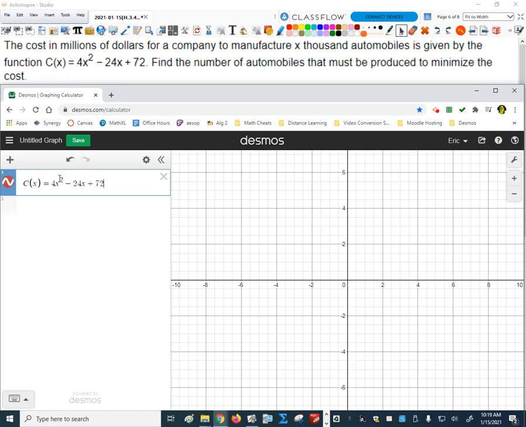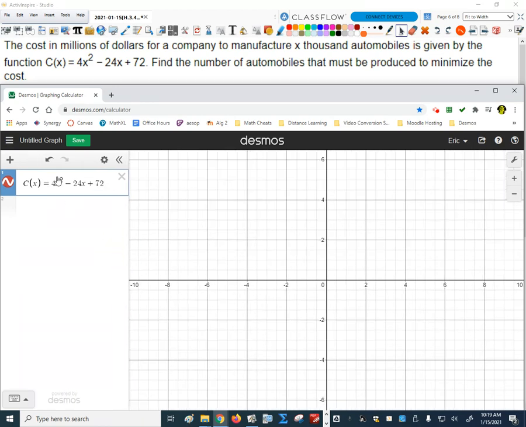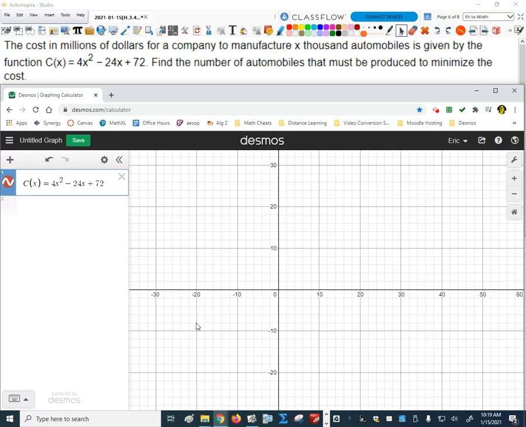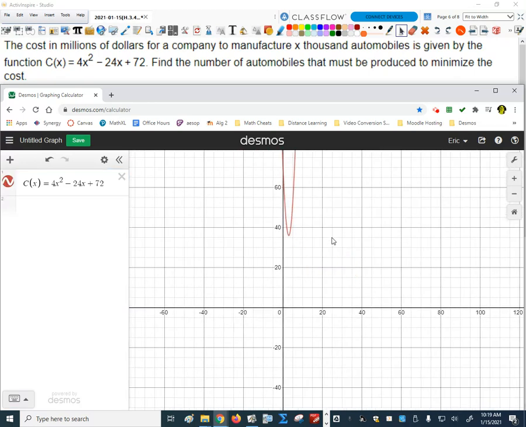Now I might have to zoom out a bit. These are some big coefficients there, so it's entirely possible I'm going to have to zoom out a little bit to even see this thing. Okay, there it is, right?